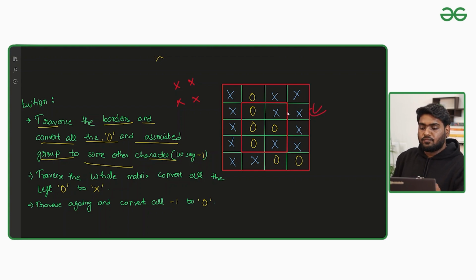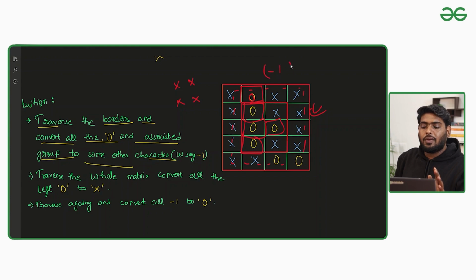Assuming this example, what I'll do is mark all the O's which are somewhere or the other touching the edges. I'll traverse the edges, and whenever I find one O, I'll call one DFS function there. What is going to be the duty of this DFS function? To convert all the O's associated with it in the 4 directions to some other character.